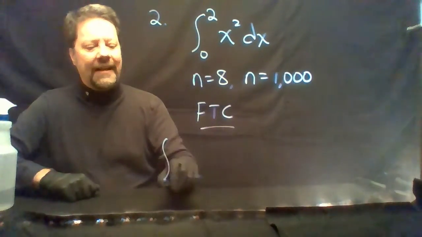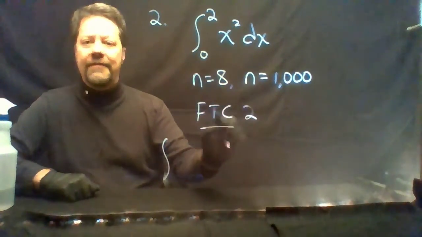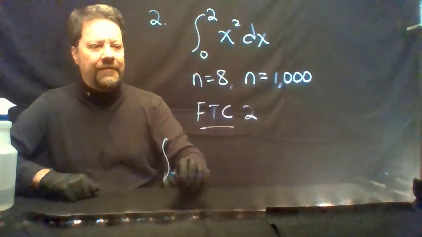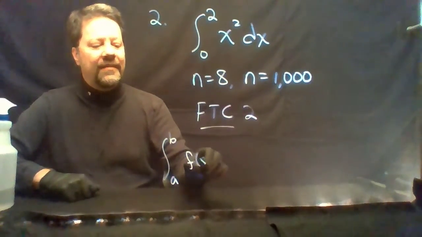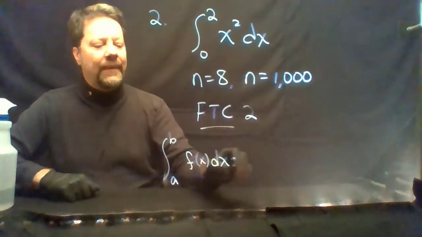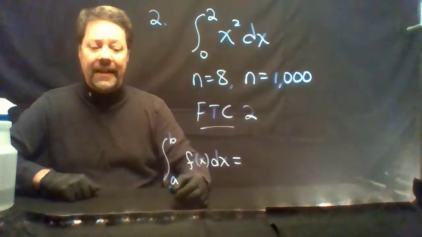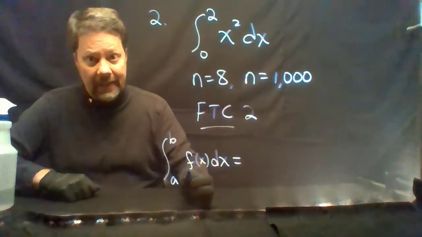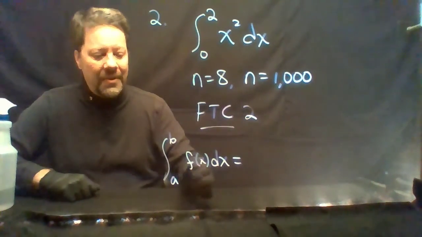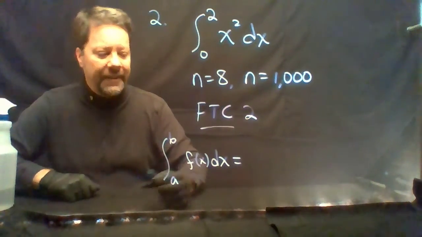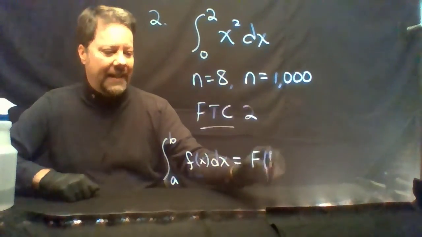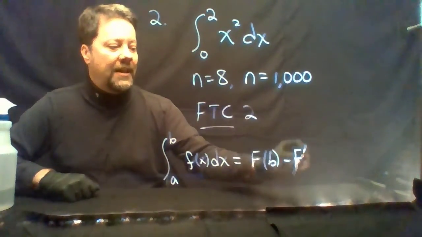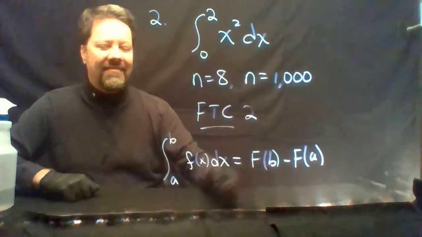The fundamental theorem of calculus, what we have denominated the second fundamental theorem of calculus, goes as follows. In order to evaluate a definite integral of some function little f, make sure that you use a lowercase f here, it is equal to uppercase F of b minus uppercase F at a.